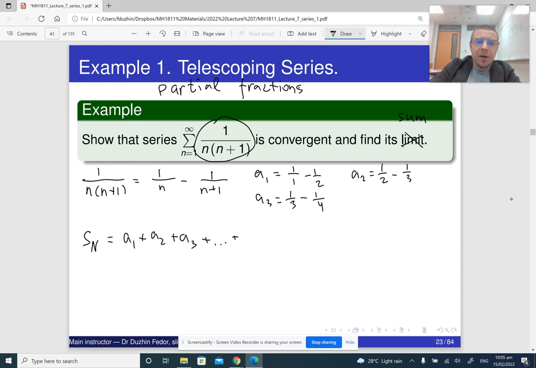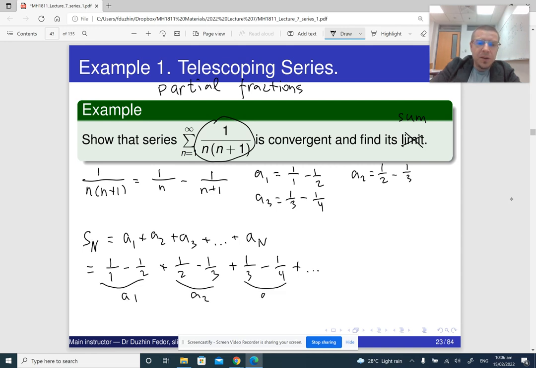We should add them up all the way to An. And this is going to be A1 is 1 over 1 minus 1 over 2. This is A1. Plus A2 is 1 over 2 minus 1 over 3 plus 1 over 3 minus 1 over 4. So this is A3 and so on. So this is A1, this is A2, this is A3.